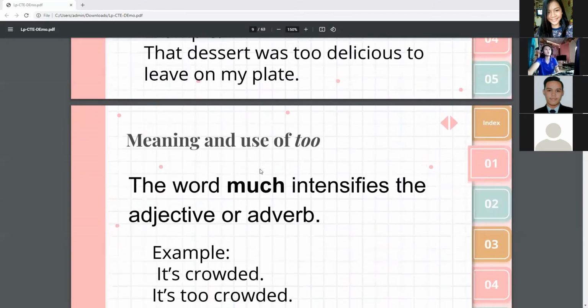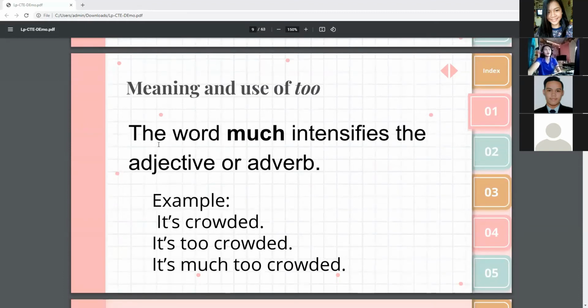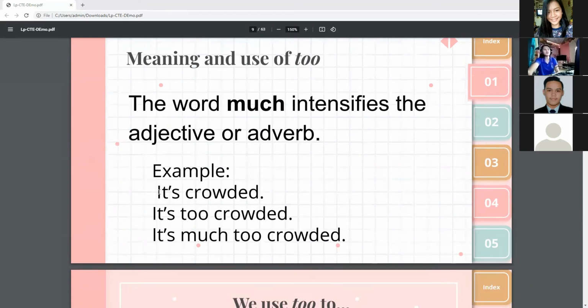Okay, very good. Another one: the word "much" intensifies the adjective or adverb. So we sometimes use "much" plus "too". In our example, it's crowded. In this sentence, the place is already crowded, so it has a lot of people. But when you add "too", it's too crowded.